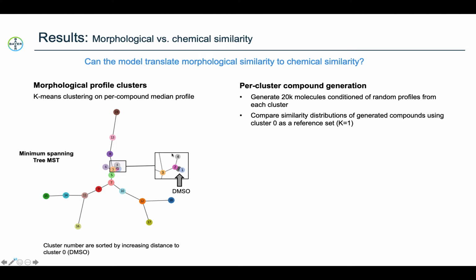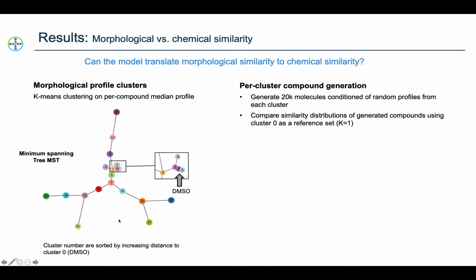And also to have a reference point, we named cluster 0 as the cluster with the most DMSO samples, and we numbered all the other clusters by increasing distance to this DMSO cluster.